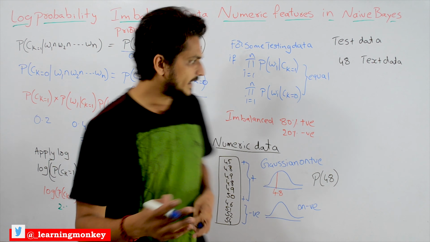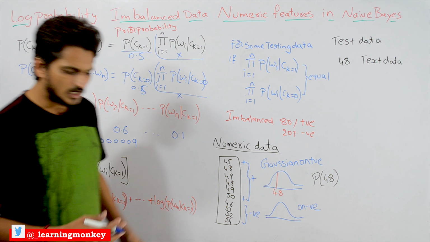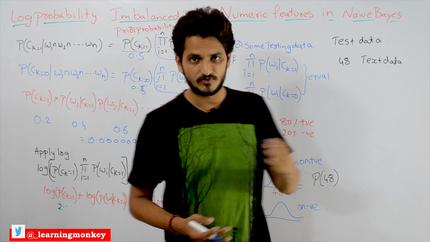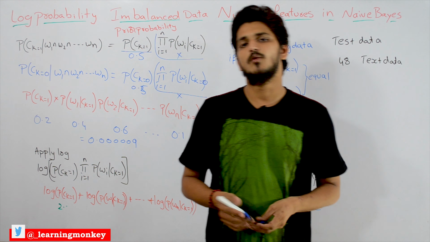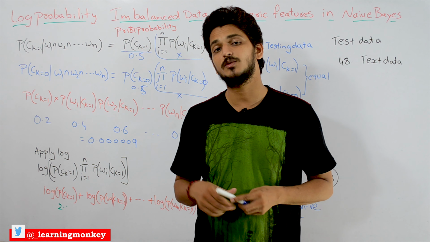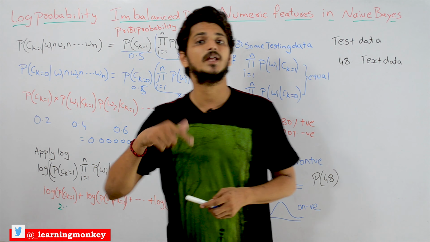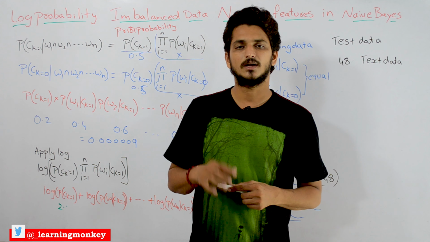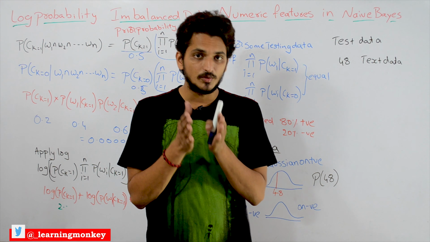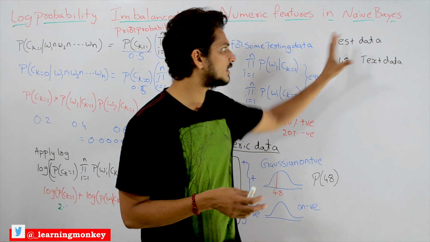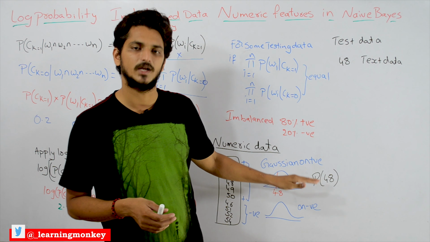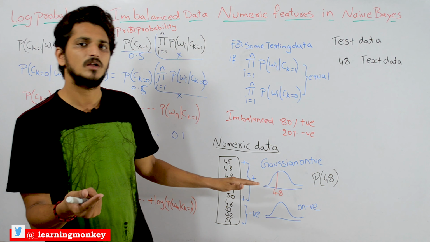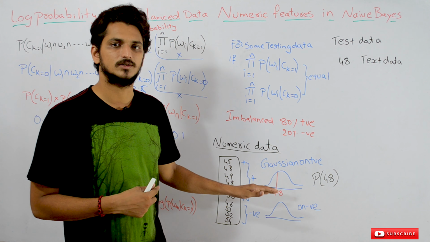Next, coming to numerical data. In our last 5 classes we discussed how to calculate probability on text data. But if we have numerical data, how does naive Bayes work and calculate probability, because naive Bayes works based on probability values?